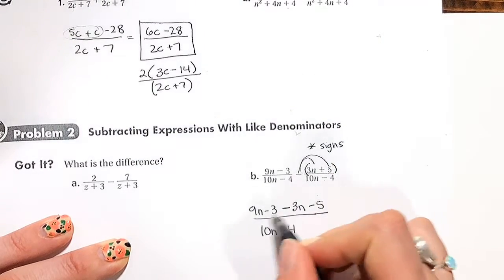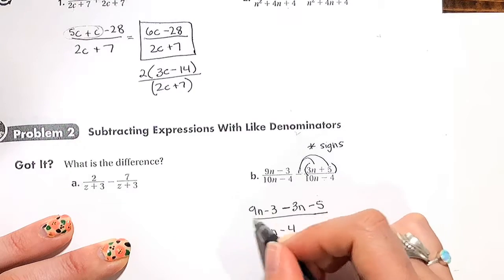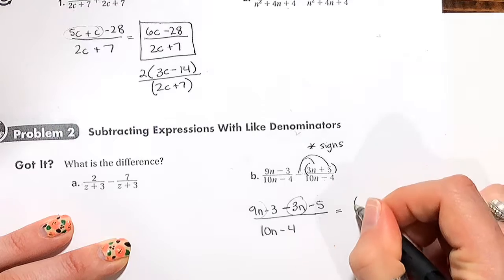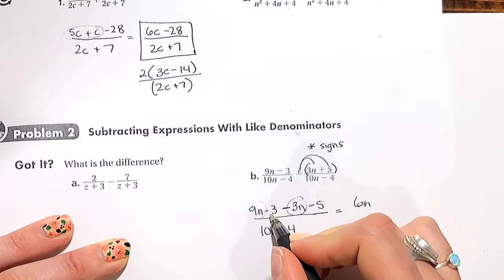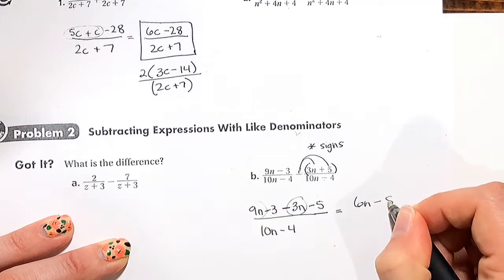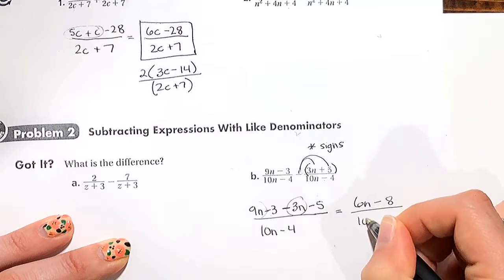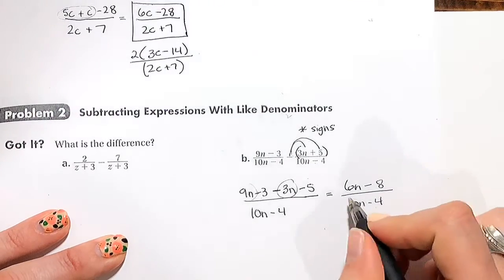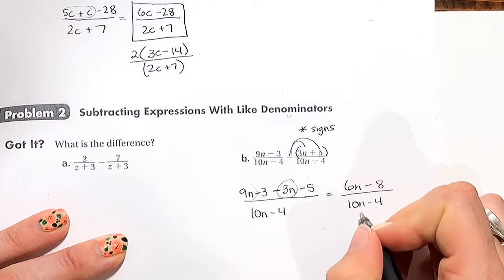But then we want to try and combine our like terms, so I can combine my n's here. 9n minus 3n is going to be 6n, and then negative 3 minus 5 is going to be negative 8, and then we keep the 10n minus 4. And then on this one, I do think we're going to be able to cancel out some stuff if we reduce it.